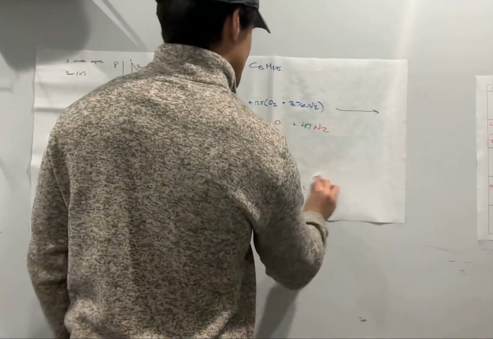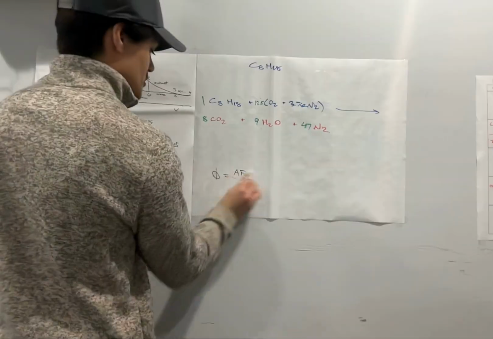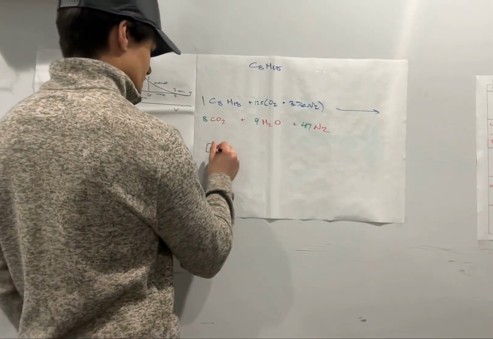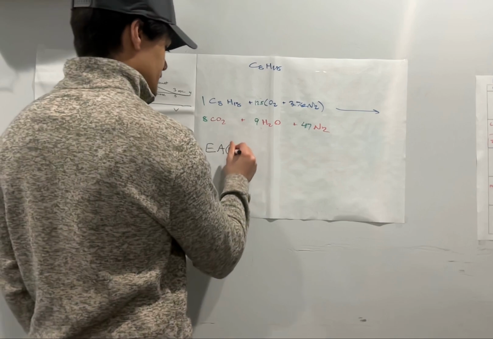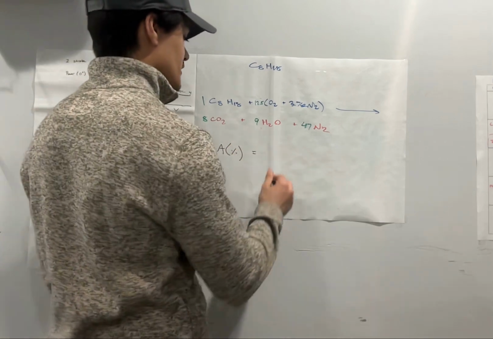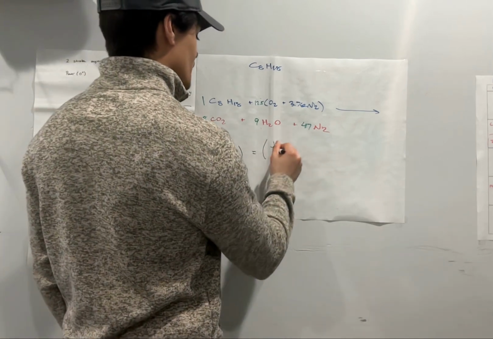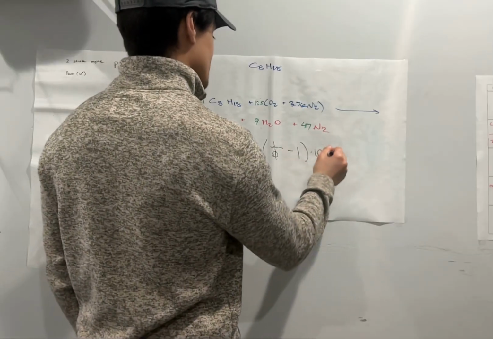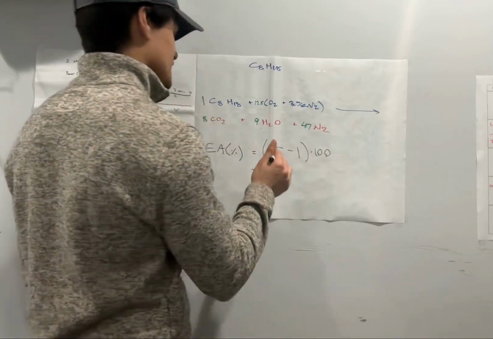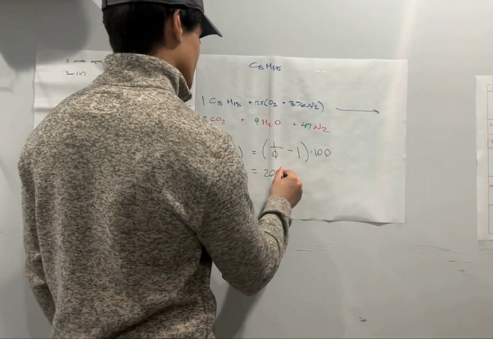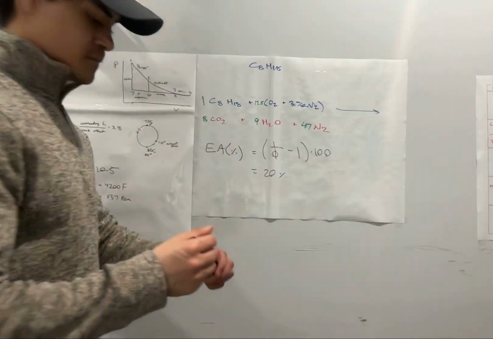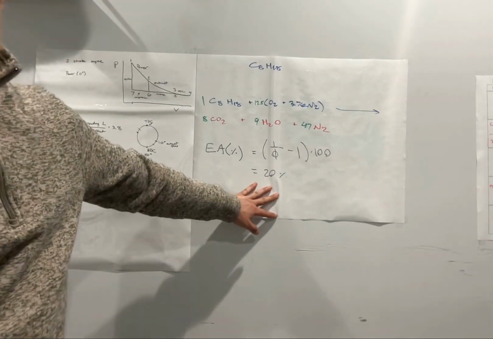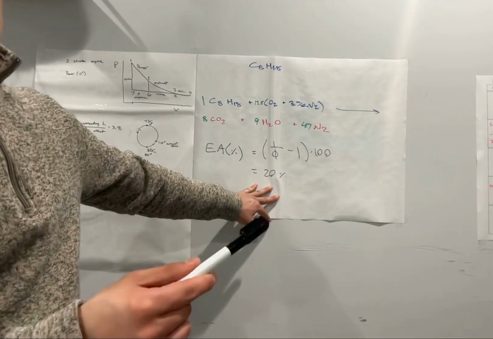And for the excess air, pretty easy. Call it EA, percentage excess air. It's going to be 1 over the equivalence ratio minus 1 times 100, which in this case gives us roughly 20%. Now, if it's positive 20%, that means you have more air than fuel.